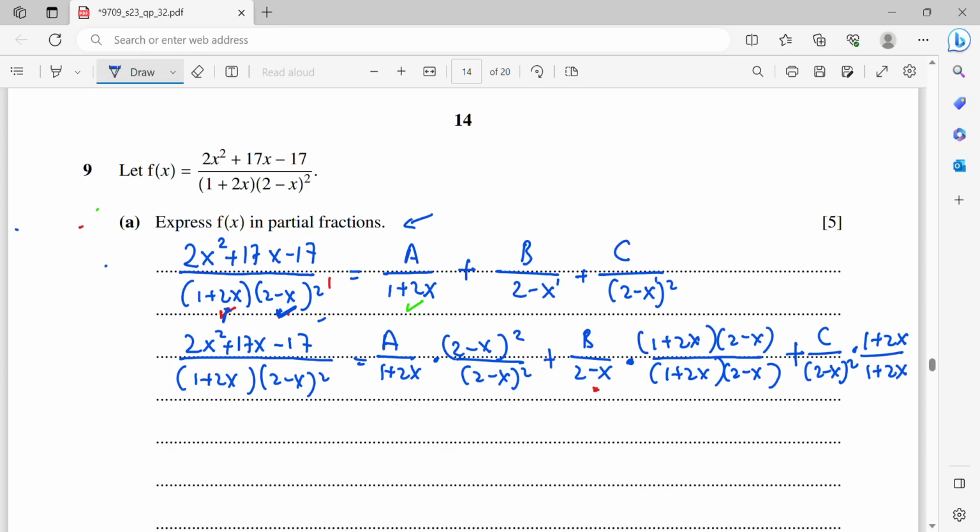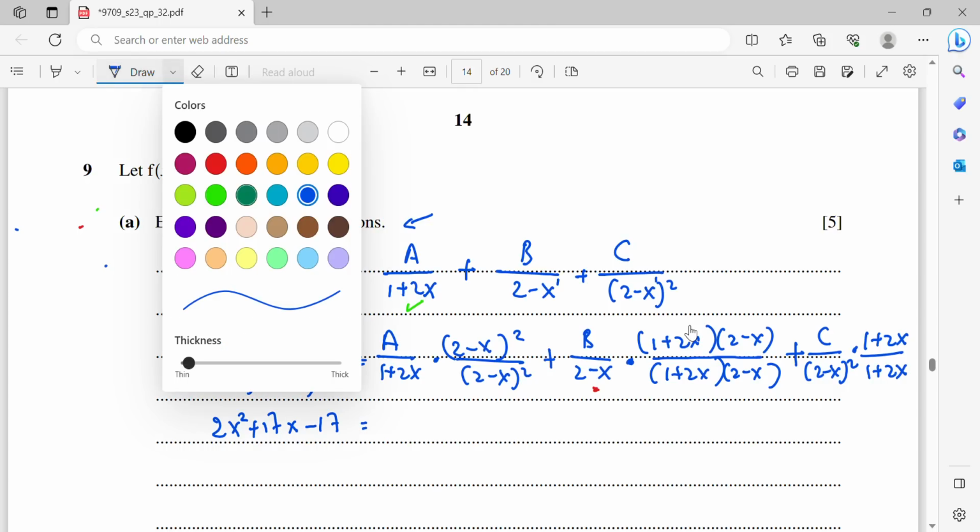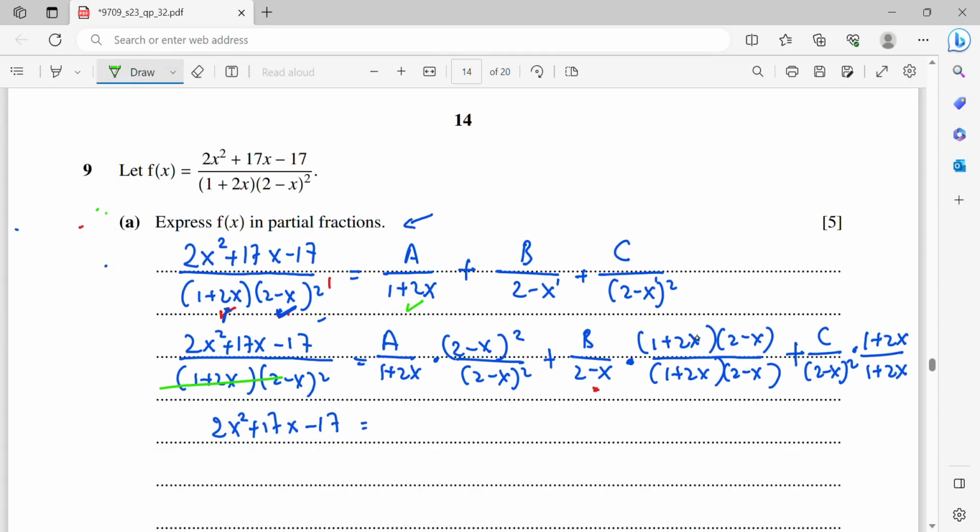Alright, so now since you are getting all same denominators, that means we can just cancel the denominators and consider all the numerators. So now for the left hand side, my numerator will be the quadratic. Then for my right hand side, I will just write down all the numerators.